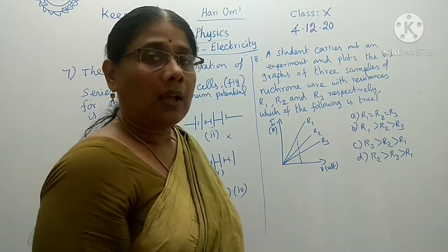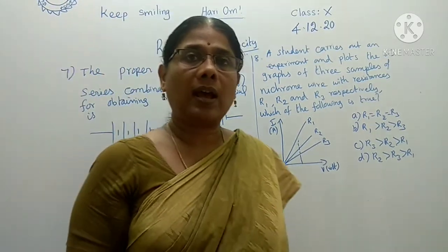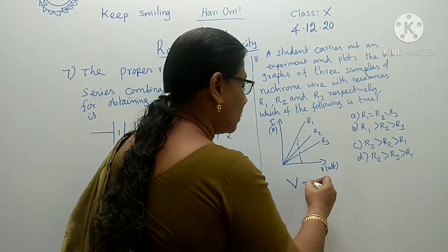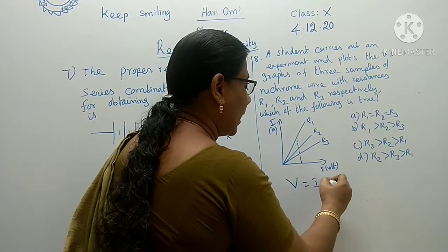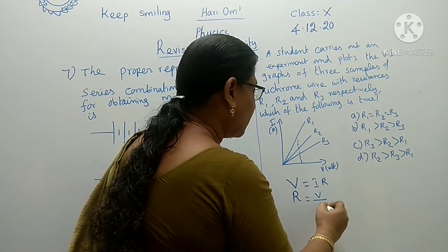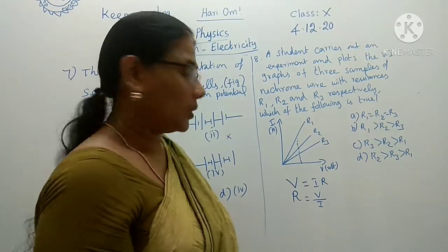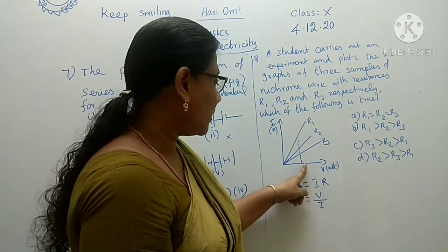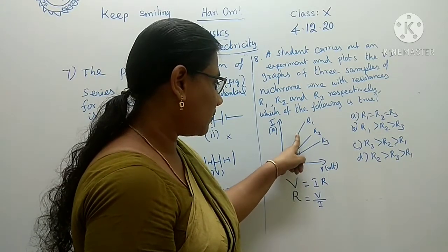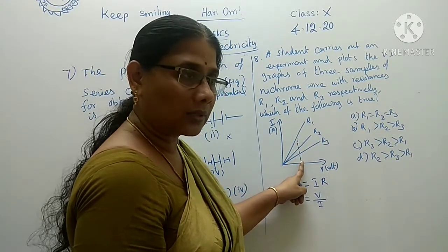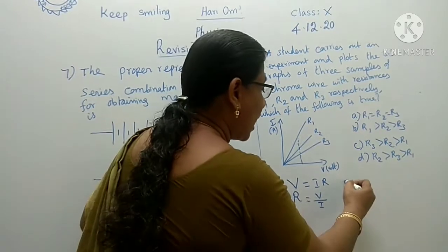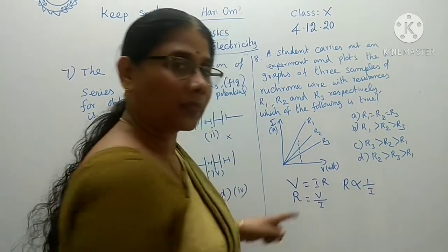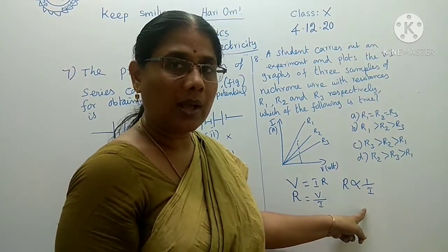According to Ohm's law, we know V is equal to I into R, so R is V divided by I. Here V is constant, we have taken it constant, so V is the same for all the curves. So R is inversely proportional to I.